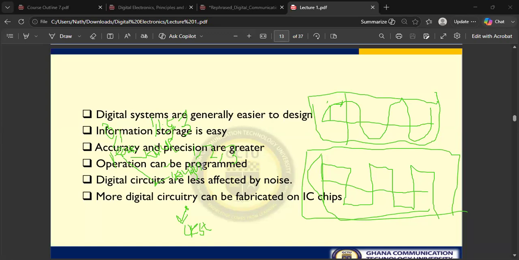But when it comes to the disadvantage, one basic disadvantage is what I already explained when I was talking about the digital systems and analog system. I said our real world information, or our real world events, are analog signals, right?